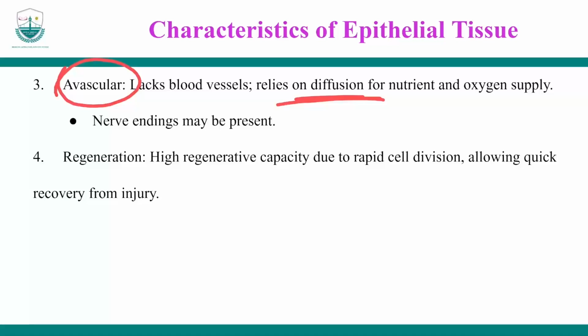So that means that epithelial cells undergo mitosis, such that there is a replacement of the worn out cells or the dead cells. So we basically say that epithelial cells have high regenerative capacity. This means that they can easily divide and replace the worn out cells.